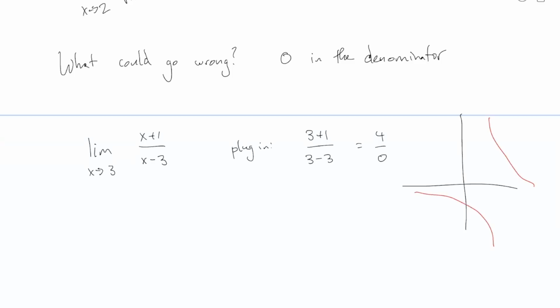This is like the 1 over x graph, but I'm drawing it over here at 3 instead. 1 over x is dividing by various values of x. And when you try to divide by 0, what happens is this kind of asymptote thing with the two sides going up and down. And when you see 4 divided by 0, that's an indication that your original function looks something like this. And what is your interpretation of that in terms of the limit? It means the limit does not exist.